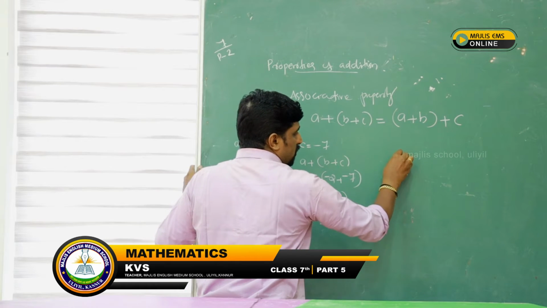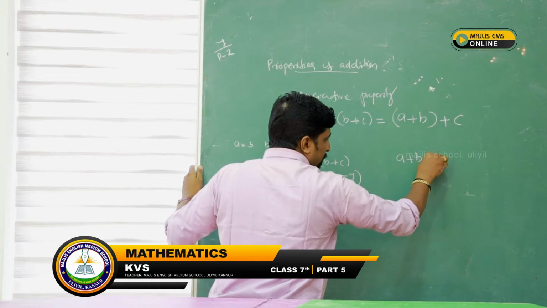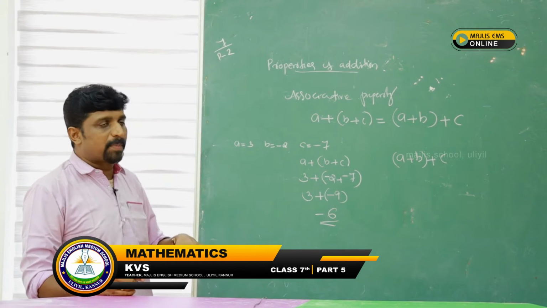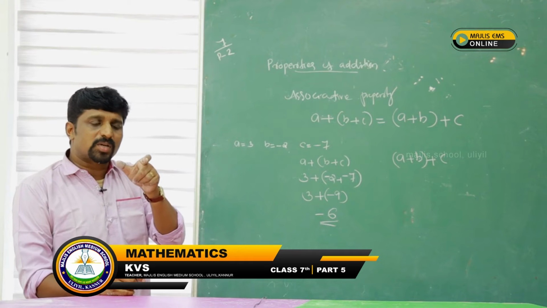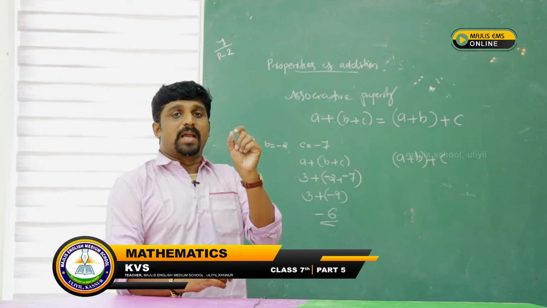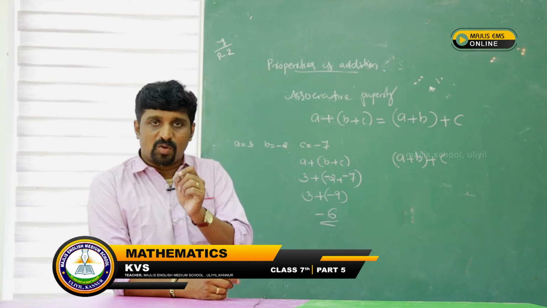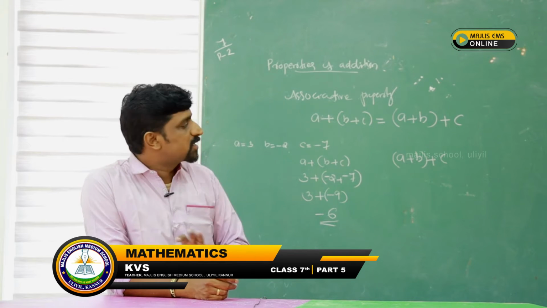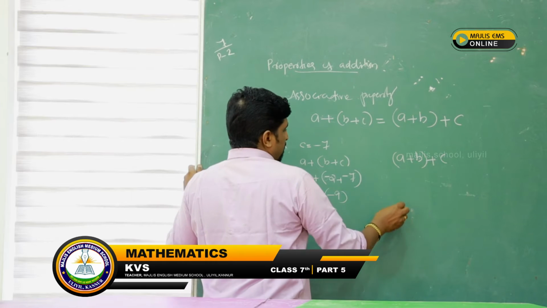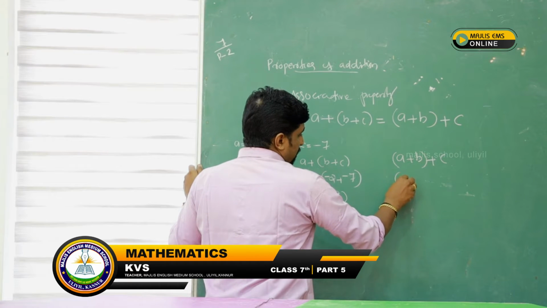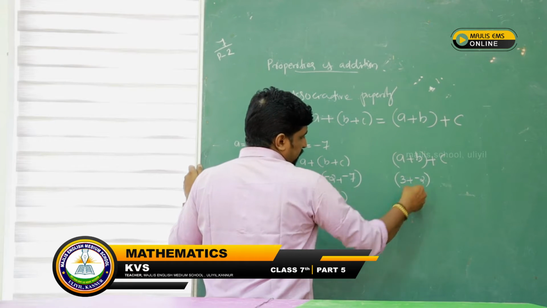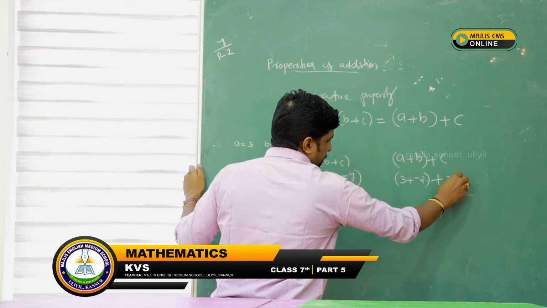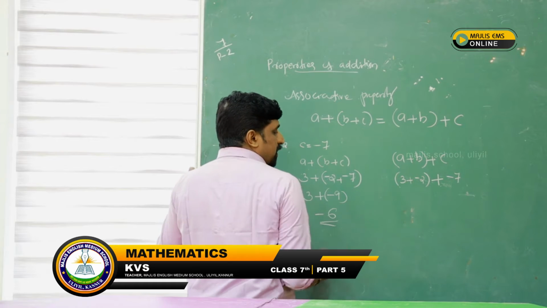Now we find the other side, the bracket a plus b, then plus c. First we need to do a plus b, which is 3 plus minus 2.